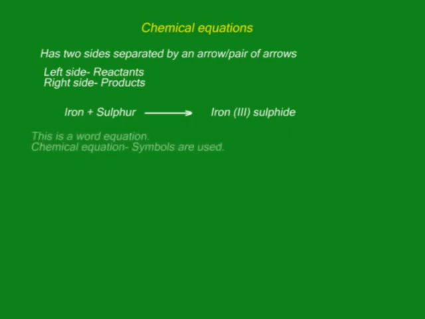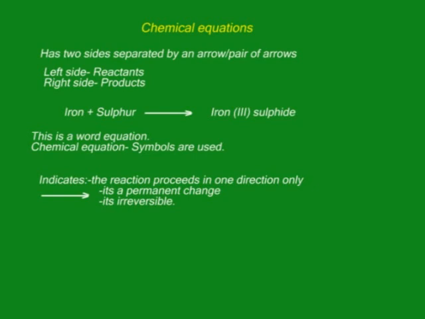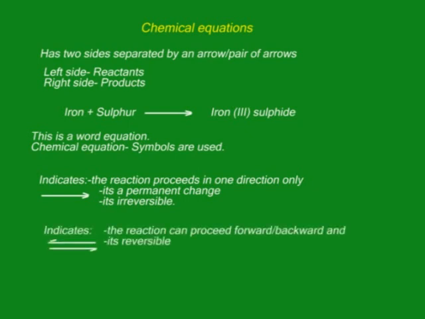Now, this is called a word equation. When symbols are used to write the equation, it is called a chemical equation, and we shall look at chemical equations in level 2. The forward arrow indicates that the reaction proceeds in one direction only, it's a permanent change and it is irreversible. The twin arrow indicates the reaction can proceed in forward or backward directions, it is reversible.